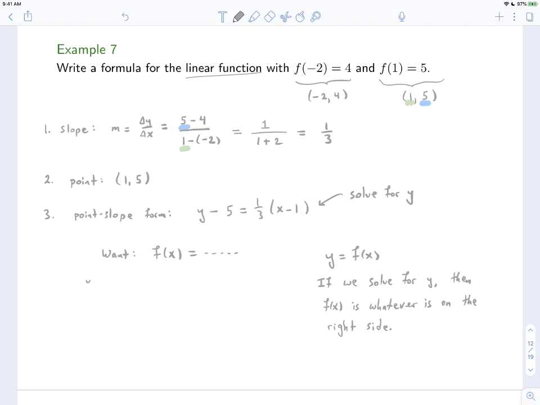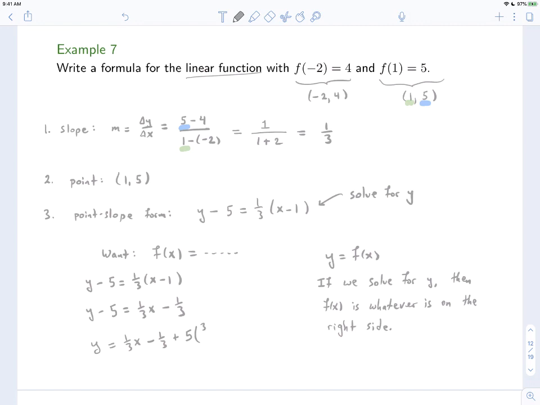So we have that y minus 5 equals 1/3, I'm just rewriting it, x minus 1. So y minus 5, multiply the 1/3 through, so it's going to be 1/3 x minus 1/3 times 1. And now we just add 5 to both sides. Y equals 1/3 x minus 1/3 plus 5. Now again, we need to give these a common denominator to combine them.